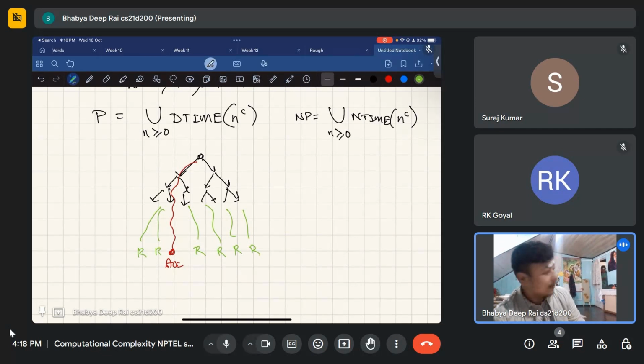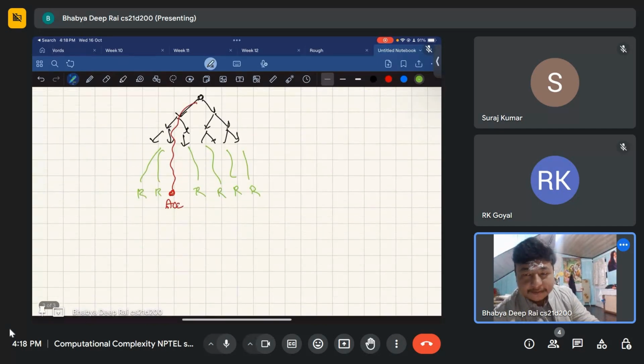That does not matter to us as long as one path accepts, we are fine with it. So it takes polynomial time across all computational branches. The depth of this tree will be polynomial.